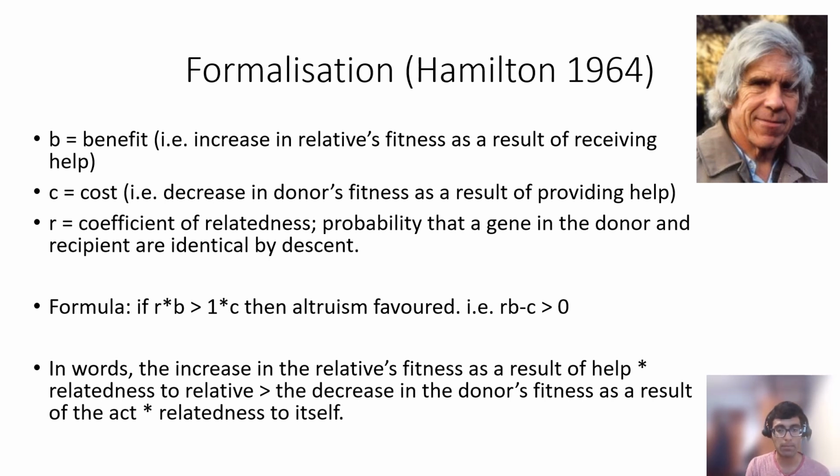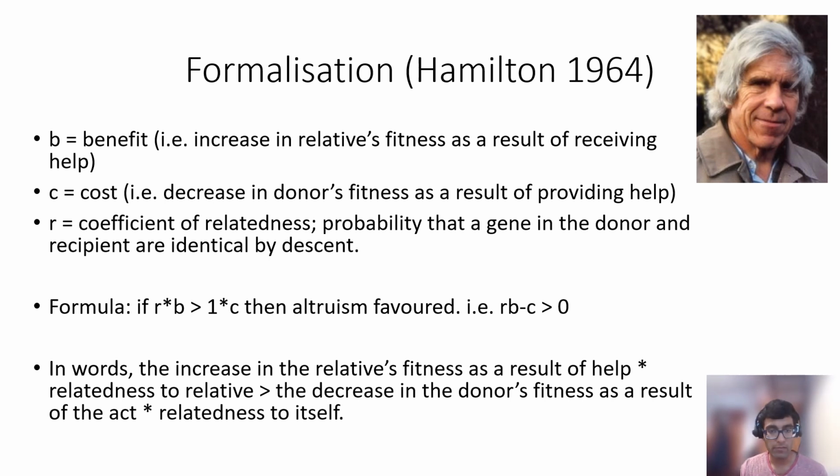So if I help some relative of mine to increase their fitness, then I will have provided them a benefit, but probably at a cost to myself, because I could have used that energy into my own direct fitness. And R was the coefficient of relatedness, the probability that a gene in the donor and in the recipient are identical by descent. And again, I say gene here, I really mean allele, but usually in the literature, people talk about genes, which is why I've used that term here.